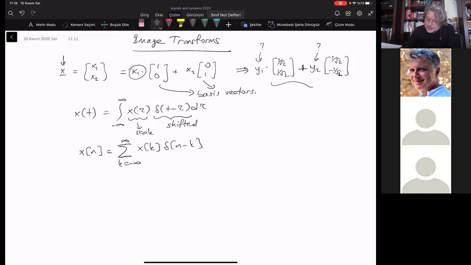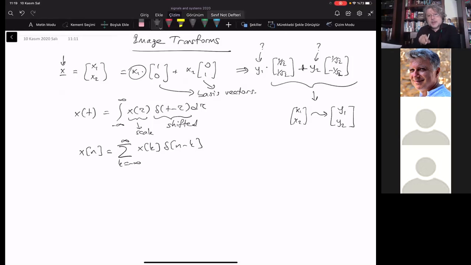This thing makes or defines the transformation. It's a transformation from x1, x2 to values with respect to one basis, which is originally usually the time basis, to a new set of values, y1, y2.